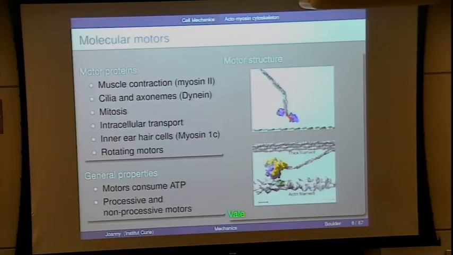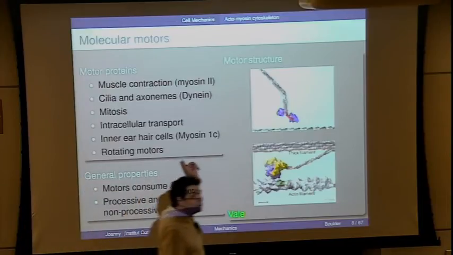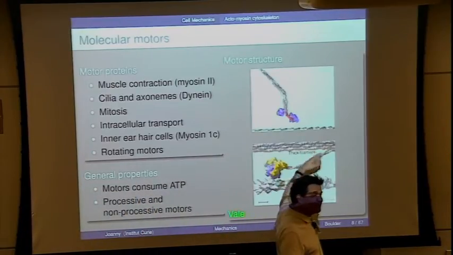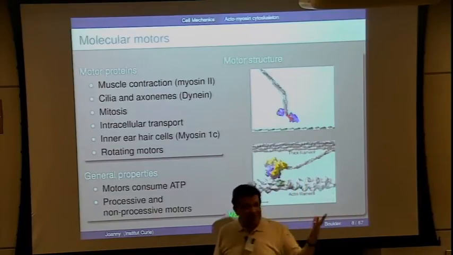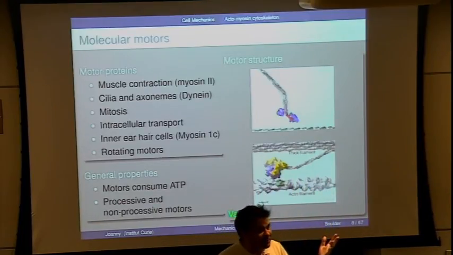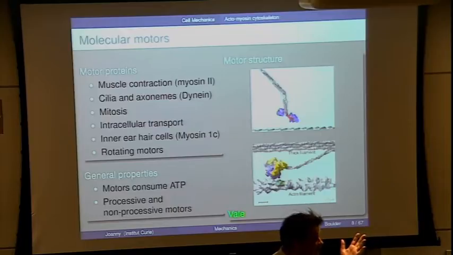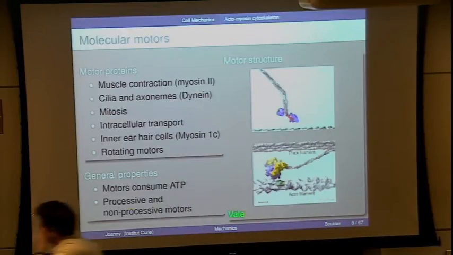Now, whatever you do, if you want the motor to walk in one direction and not to diffuse, you need to break symmetry. Something has to break symmetry. And the only way to break symmetry is that the filament is polar. So you can only have molecular motors on polar filaments.